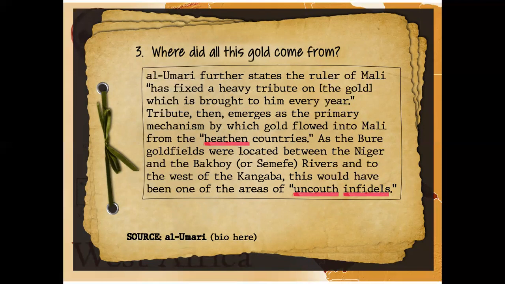Then we want to take a peek at these terms and anything we're not familiar with. These are not on your glossary because now it is your turn. If you are not sure what heathen means, it is an adjective describing countries, or uncouth, or infidel. Take a moment, pause the video, and look them up in a new tab.